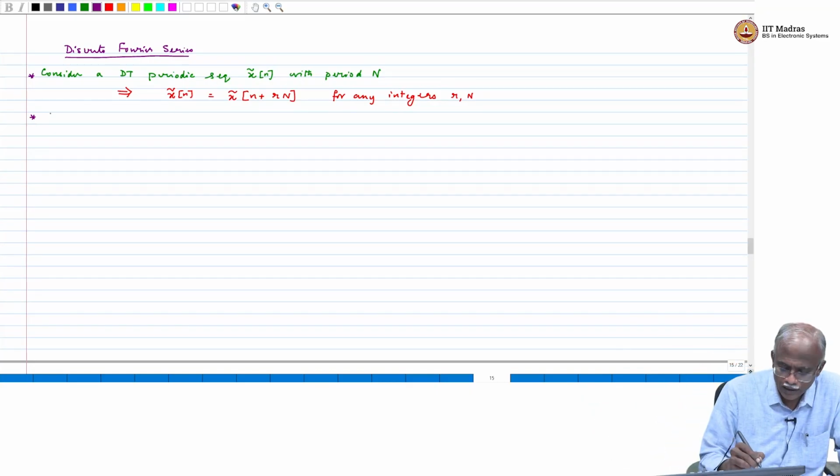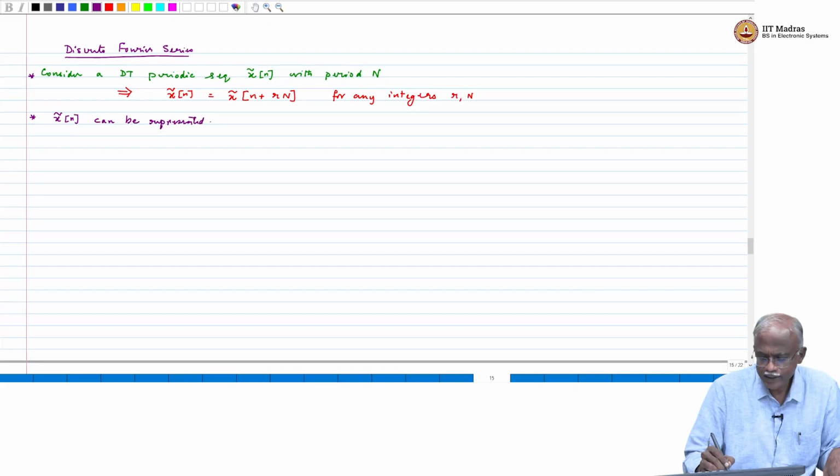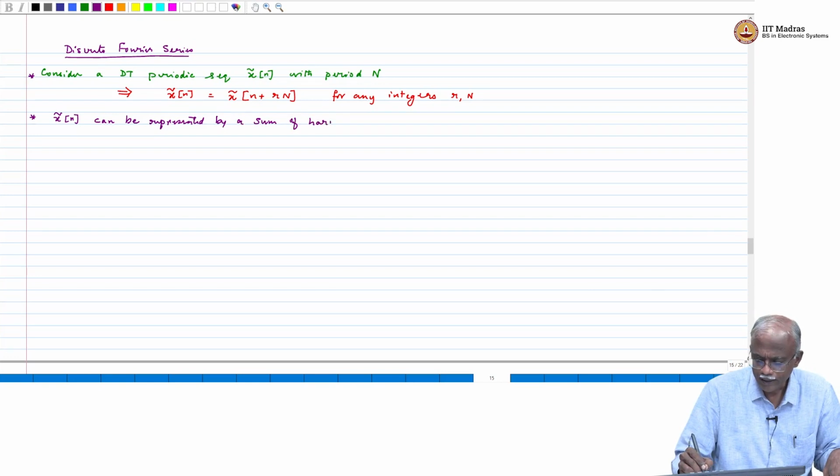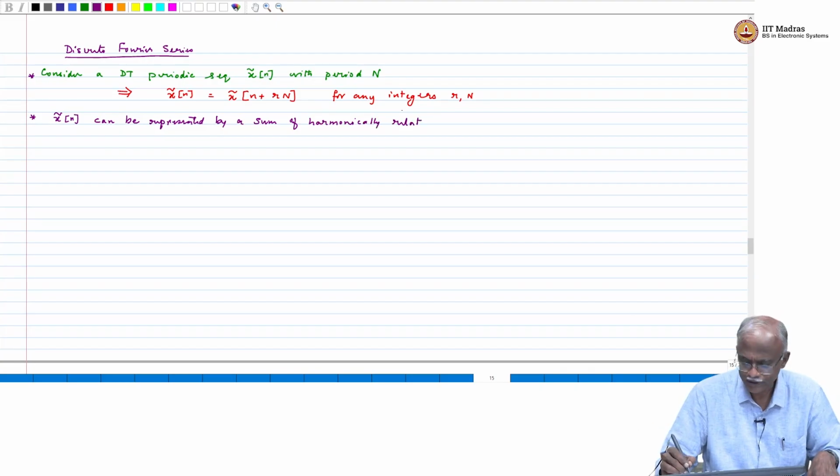So the periodic signal x tilde of n can be represented, that's the basic Fourier theory, by a sum of harmonically related complex exponentials, basically the harmonics of the fundamental.